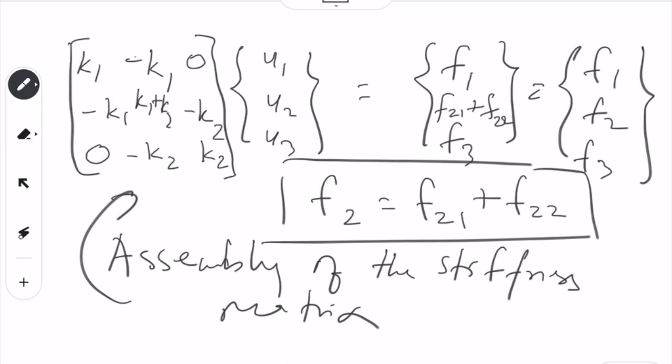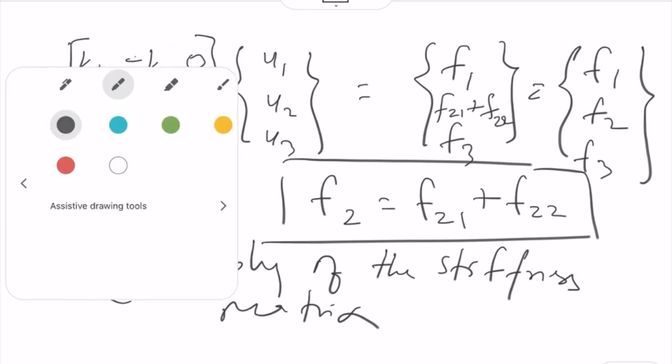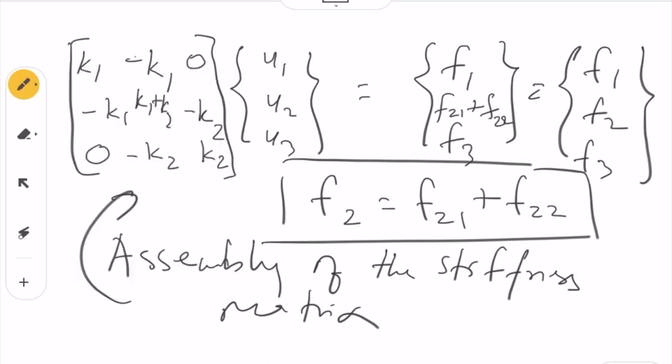So what you can also notice is K1, minus K1, minus K1 and K1. This is coming from the first element.